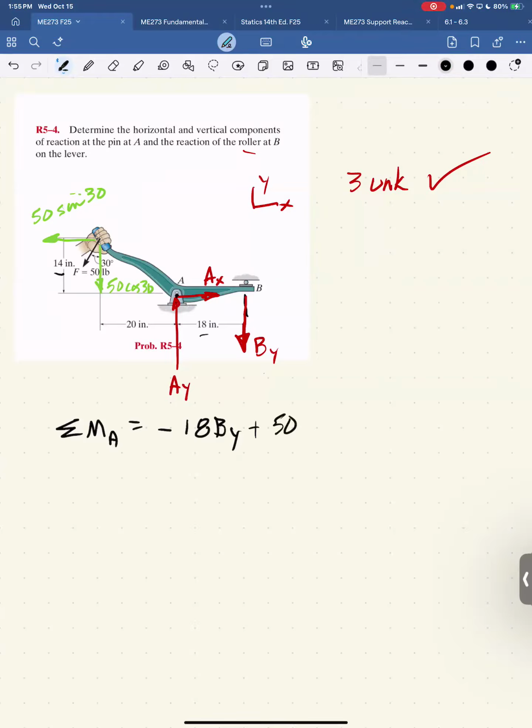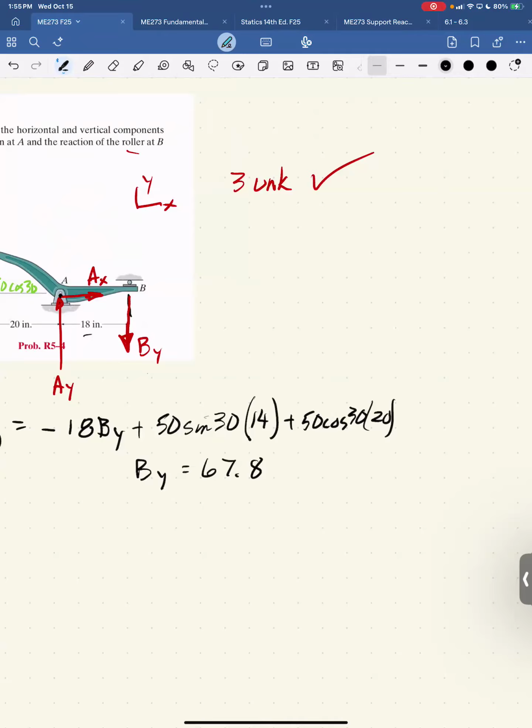And then the vertical component, the 50 cosine 30, also wants to go counterclockwise. It's also positive, so 50 cosine 30. And that one's 20 inches away. So solve for BY, 67.8. And that's in pounds.